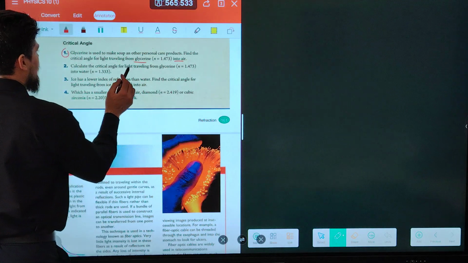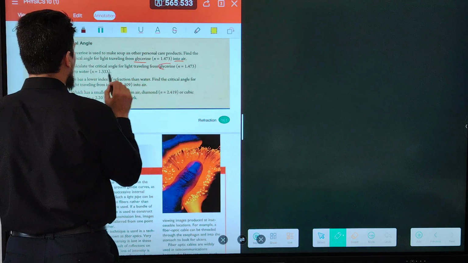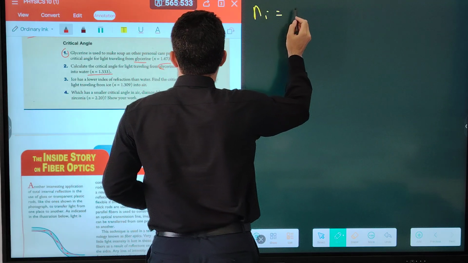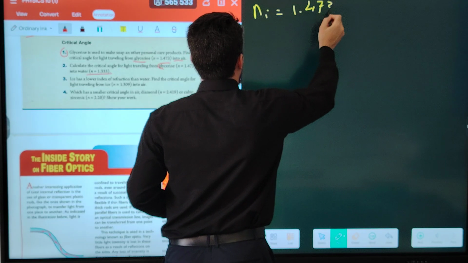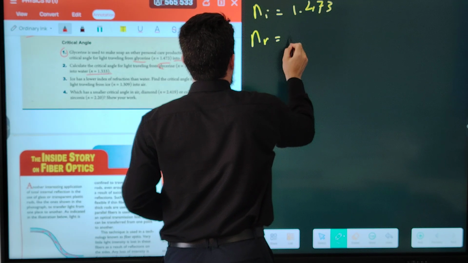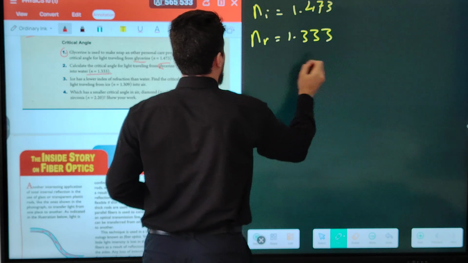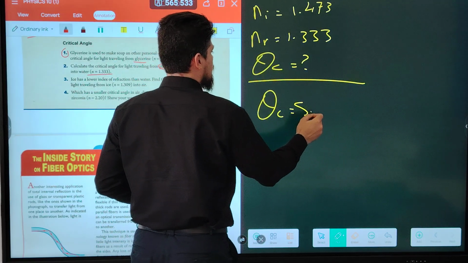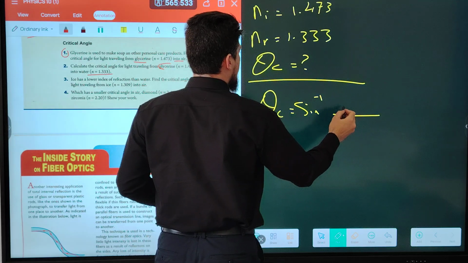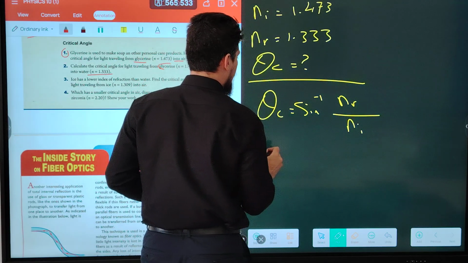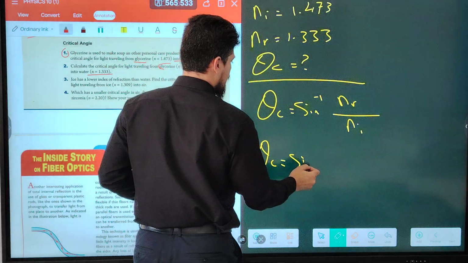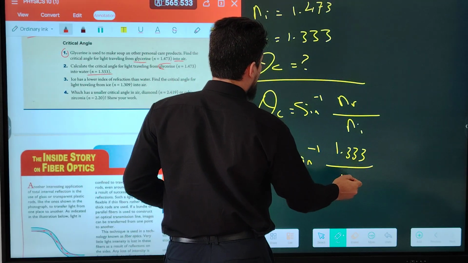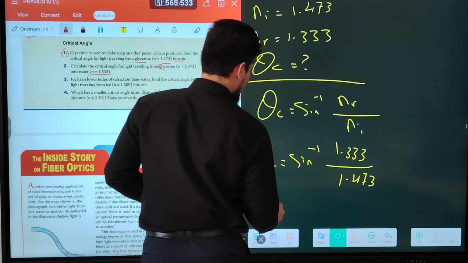Question 2. Calculate the critical angle for the light traveling from glycerin to the water. Ni for glycerin is equal to 1.473, and Nr for water is 1.333. Theta critical is equal to sine inverse Nr over Ni, 1.333 over 1.473.